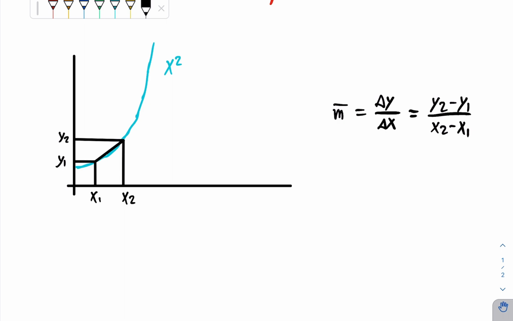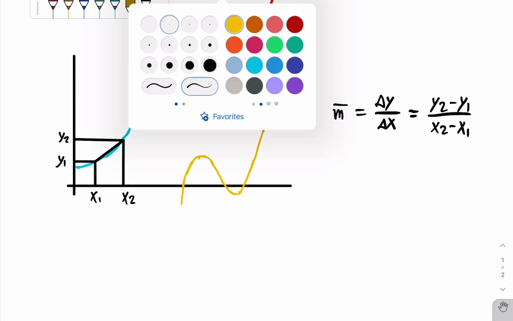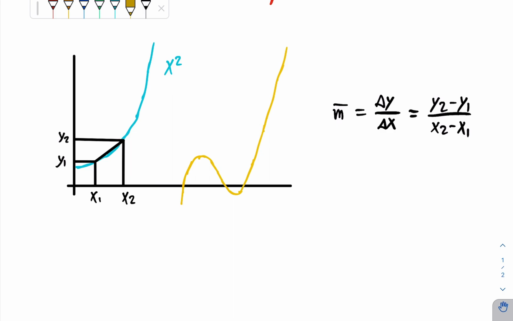However, in calculus, we want to deal with something called the instantaneous rate of change. So if I draw another function, and here I'd no longer want to find the secant line, I want to find the tangent line, well, then we will need to utilize some other methods in order to find this.